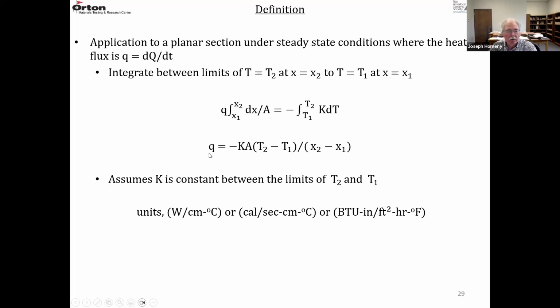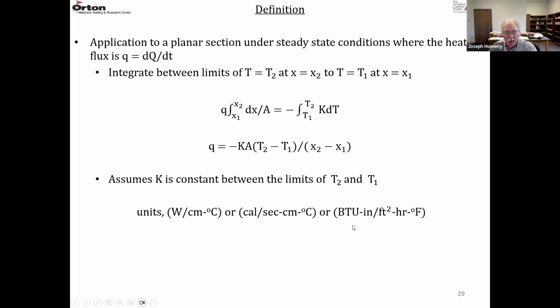If we integrate that, the heat flux just equals the conductivity times the area times the temperature difference divided by the distance. Delta T is T2 minus T1, and delta x is x2 minus x1. And it assumes K is constant between these two temperatures, that delta T.